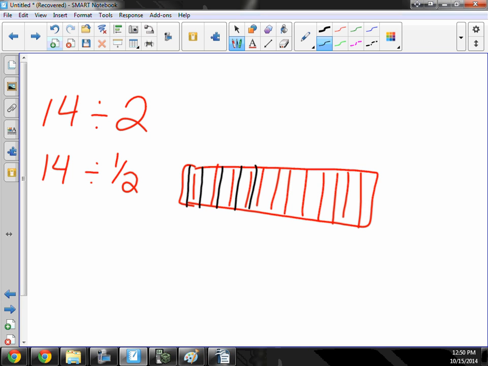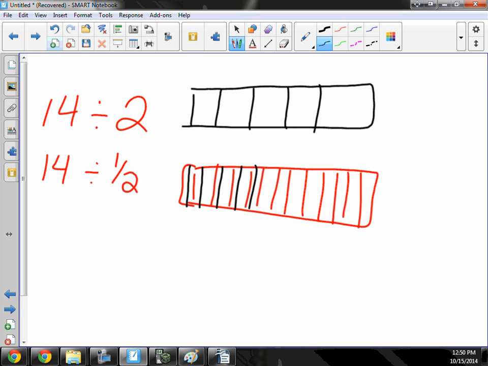That's going to double the number of lengths. Well, if you cut a 14-foot board into 2-foot lengths, there would be 7 lengths, right? If you took a 14-foot board and cut it into 6-inch lengths, half-foot lengths, then for every foot you would have 2 boards.